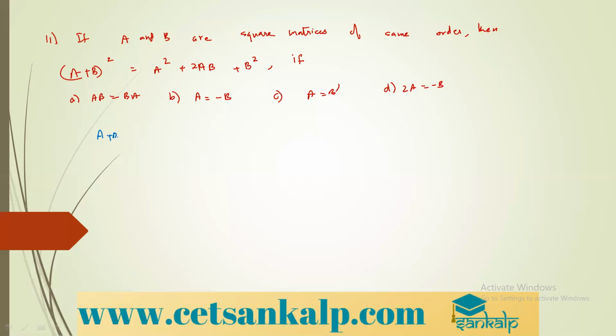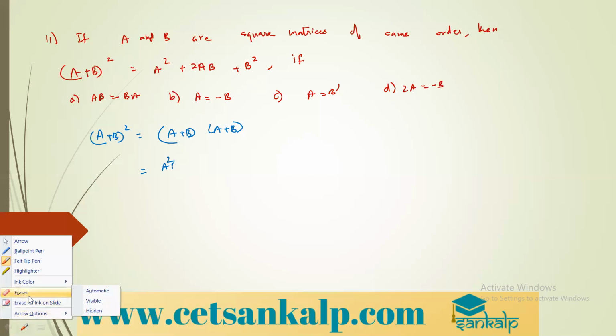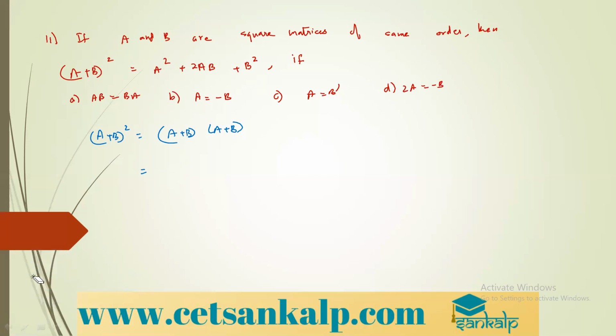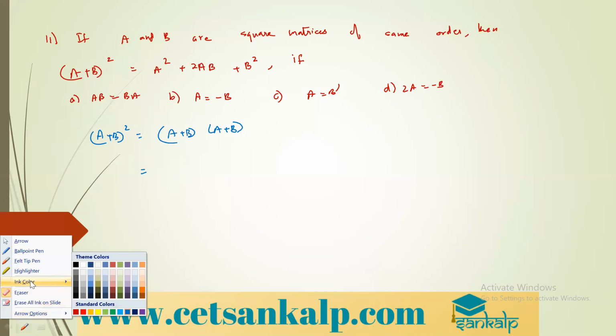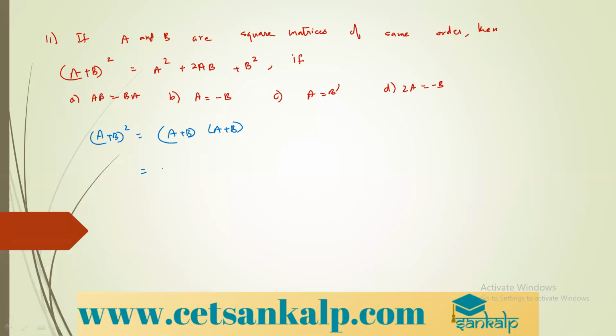So if you take (A plus B) whole square, that means you take A plus B into A plus B. You will get A square first. So first I will write A square plus AB plus BA plus B square.